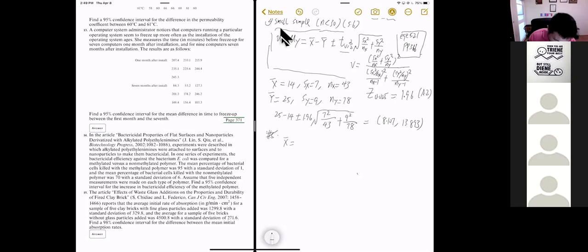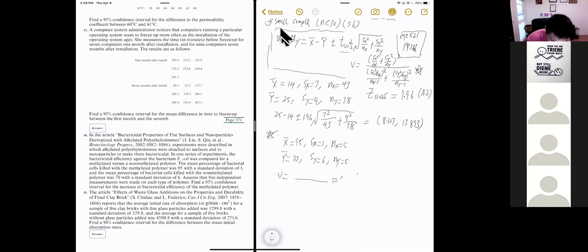Sample mean for one of the polymers is 95, Sx is 1, sample size 5. The other mean is 70, standard deviation 6, sample size is also 5. So for degrees of freedom, using that long equation, I will just skip the details.